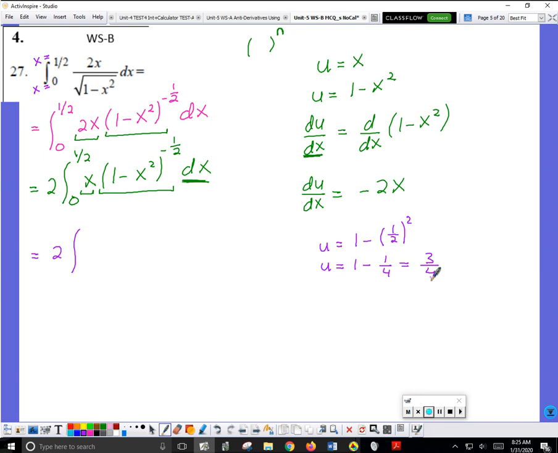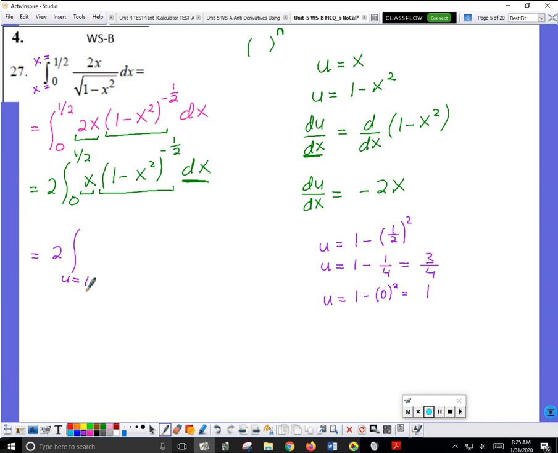Does it matter which x you plug in? We're going to do both of them. So it doesn't really matter which one you do first, because we have to change them both. So now I have, when x is 0, u is 1.